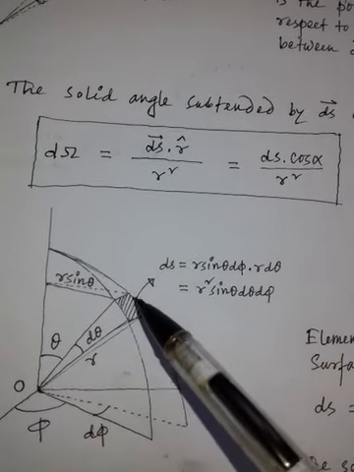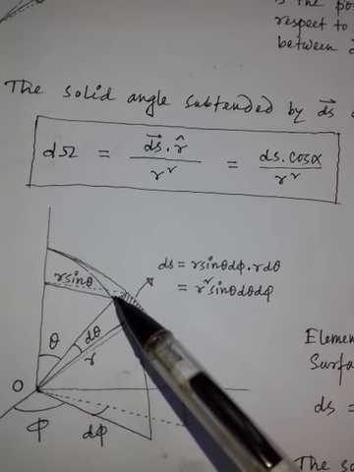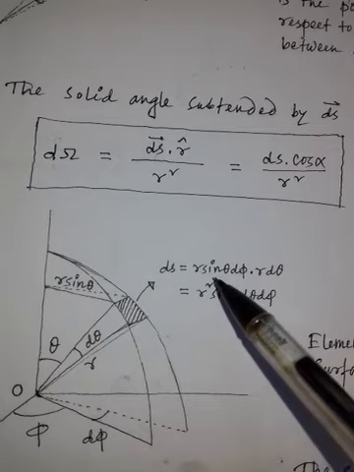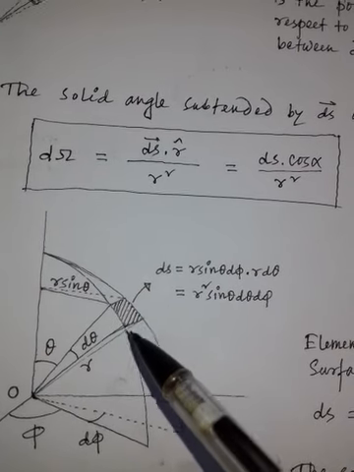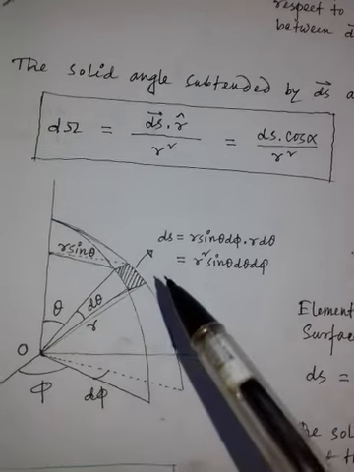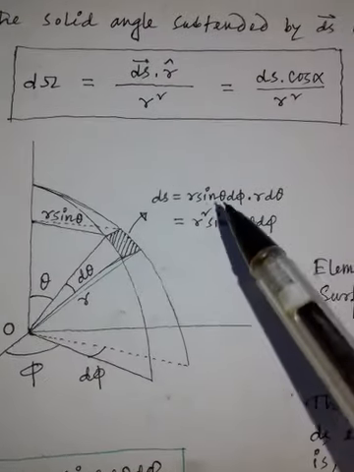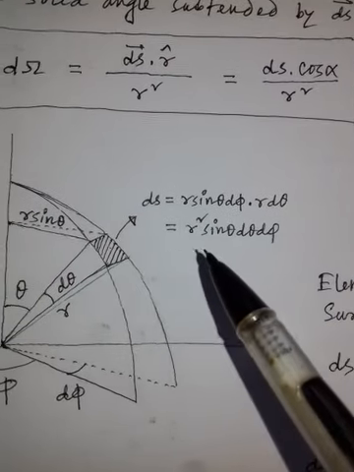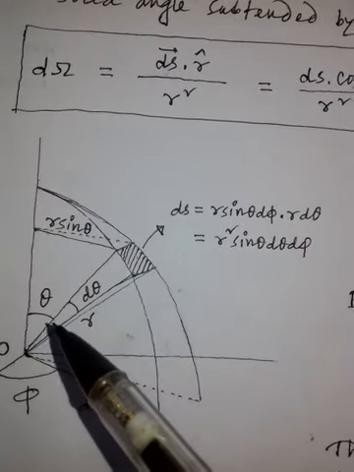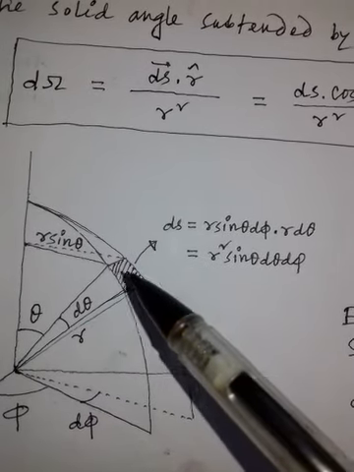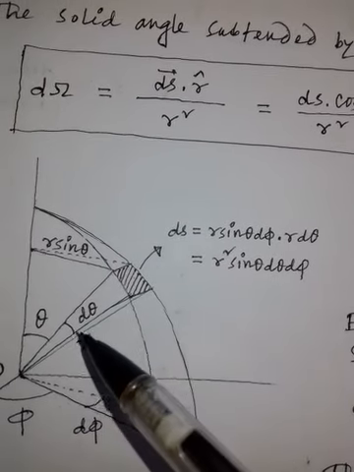So we get the area ds as this arc length multiplied by this arc length, equal to r sin theta d phi into r d theta. So the elementary area ds takes the form r square sin theta d theta d phi. One thing more, here the direction of r and the direction of ds, that is the positive outward normal, are the same.